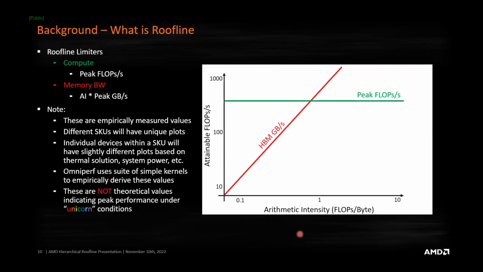One might be able to achieve a slightly higher clock rate. So what you get from a roofline plot is your max achievable on your hardware. They're not theoretical values, nothing under unicorn conditions like we have on the slide. And I'm going to get into OmniPerf later and show you how we get these empirically driven values, the test suite that we have.